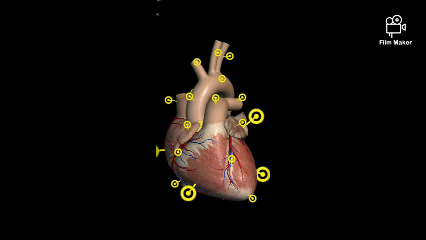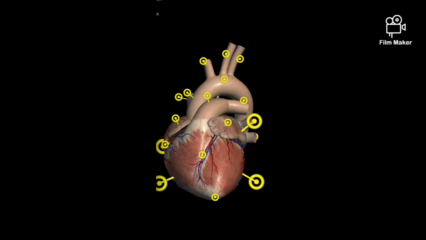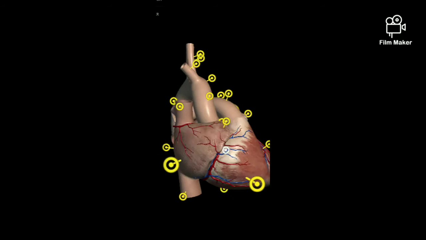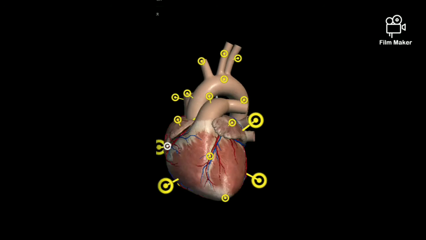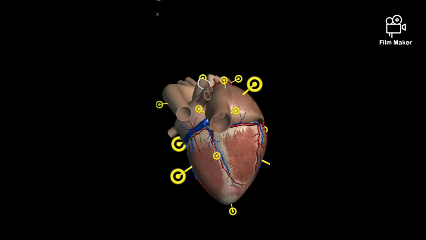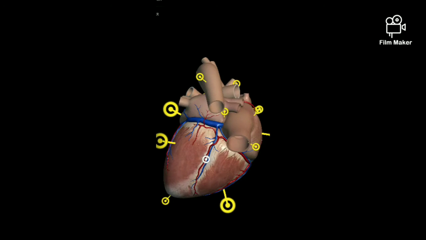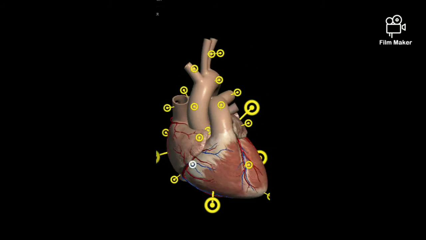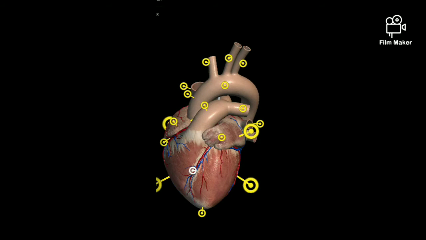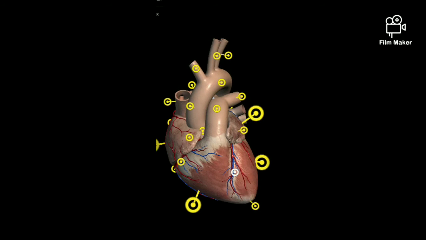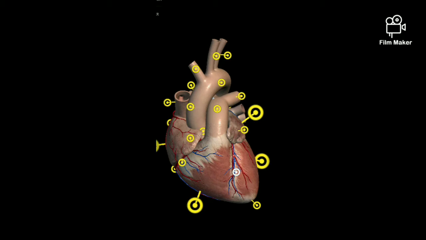You can also see these are the coronary sulci, okay, and the anterior and posterior sulci. This is the anterior interventricular sulcus, and these are the posterior interventricular sulcus, okay.